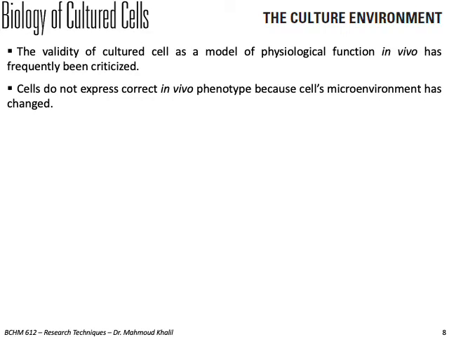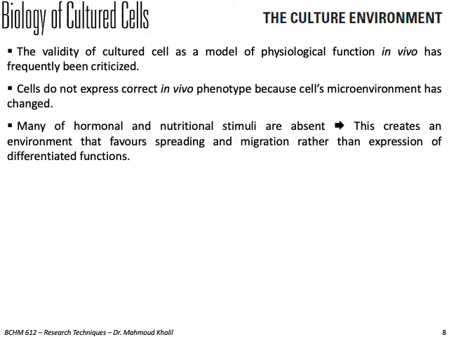So the validity of a cultured cell as a model of physiological function in vivo has frequently been criticized. Cells do not express the correct in vivo phenotype because the cells' microenvironments have been changed. Many of the hormonal and nutritional stimuli are absent. This creates an environment that favors spreading and migration rather than the expression of differentiated function.